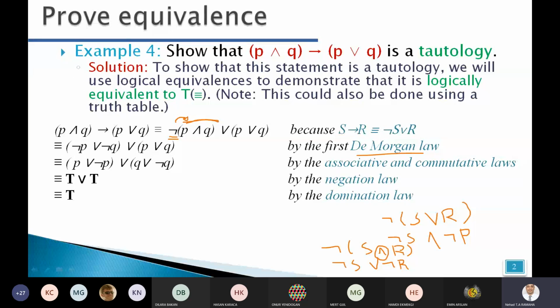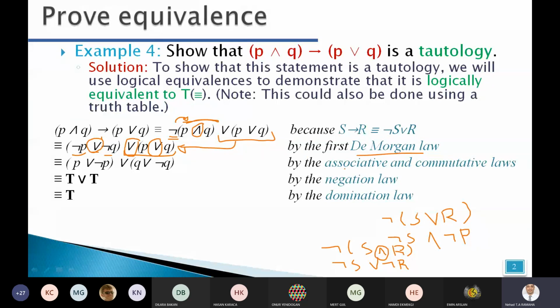Okay, then I distribute this inside, and this and becomes or: not P or not Q. They remain as they are. I just put them as they are here. Okay. Then if you look at this one, all have or.